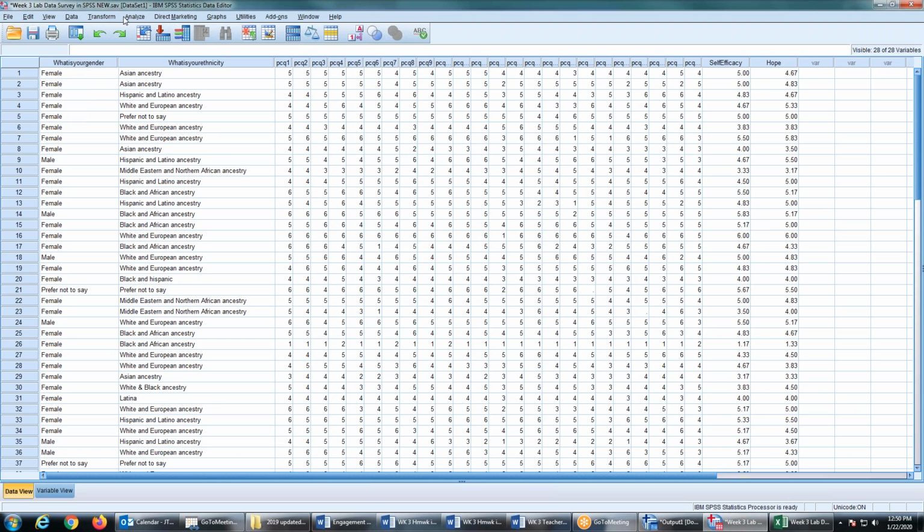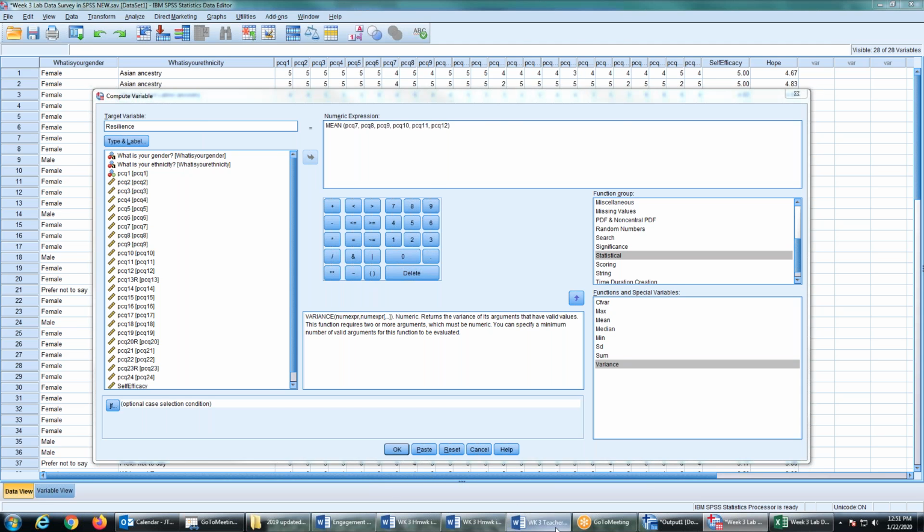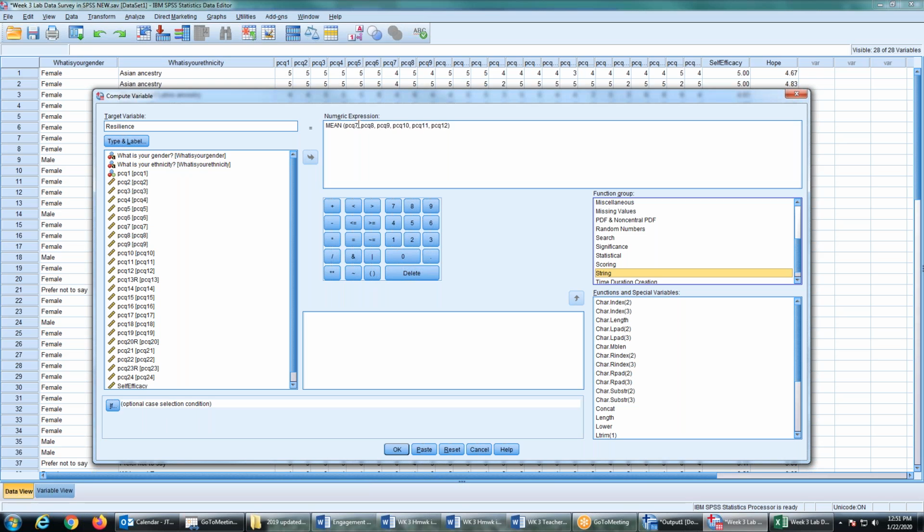All right. Transform, compute. The next one is resilience. Just checking my notes. 13 to 18. 13, 14, 15, 16, 17, and 18.